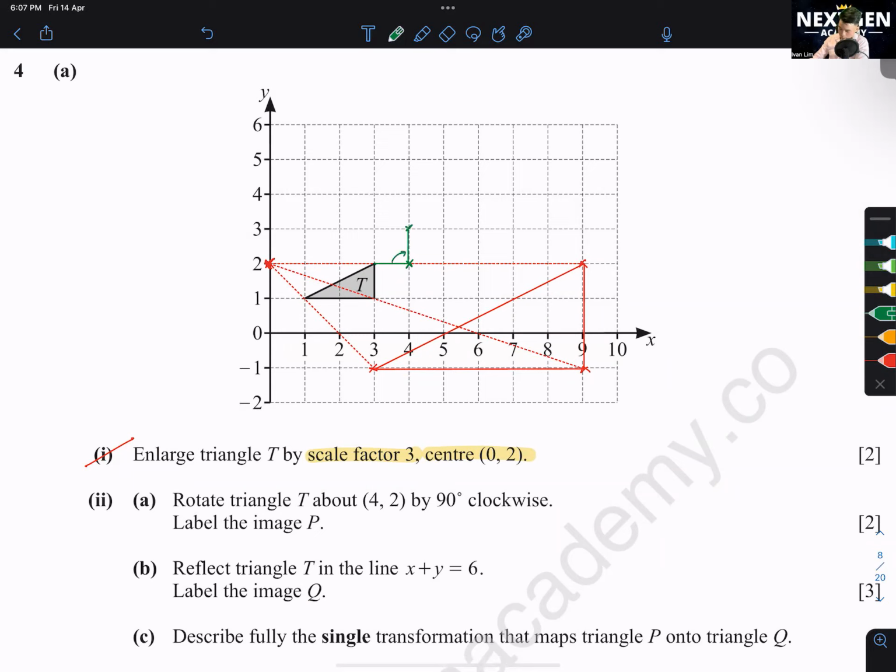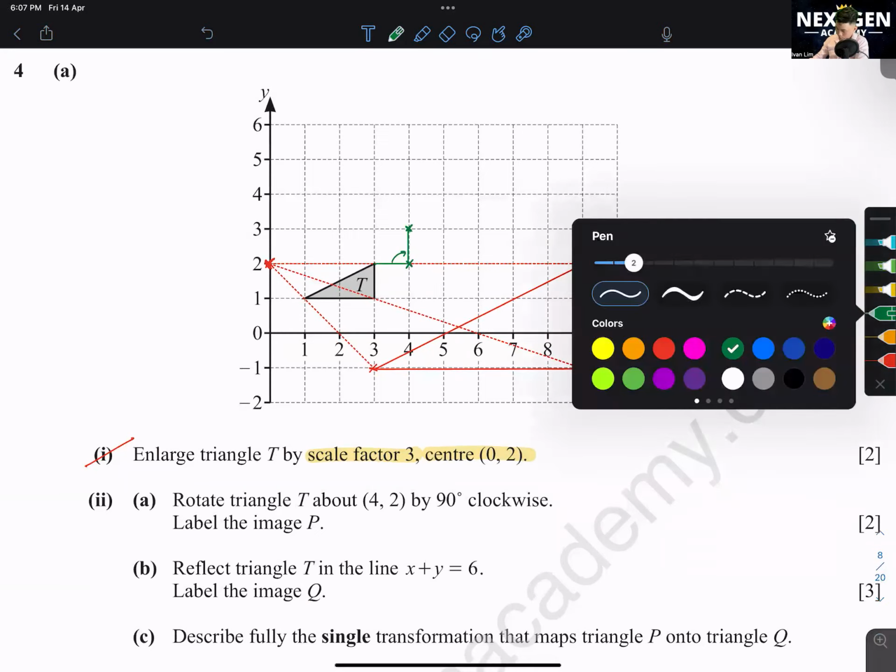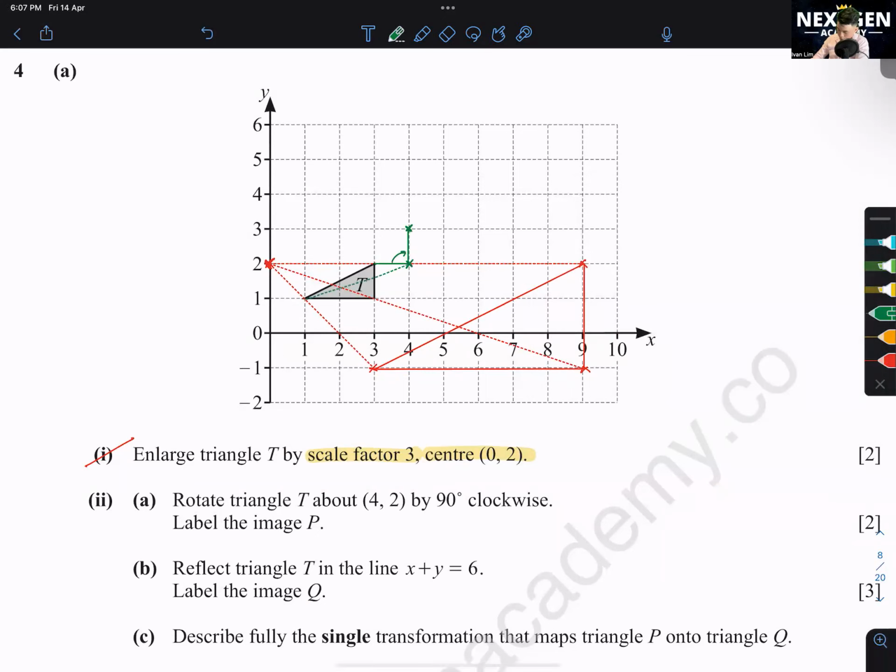This will be my first point. I put in a dotted line now, so here to here. Remember we can use the corner. Then here to here, you see, this is 90 degrees. Then the second point will be here. Third point, this one.